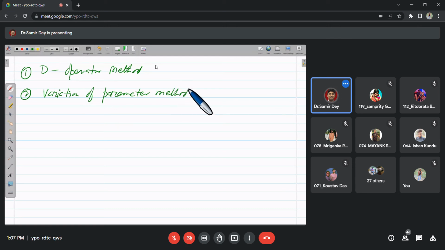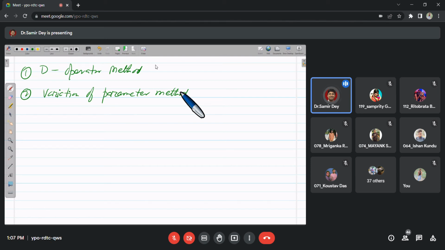Please write down. But D operator is very, very important. If you know D operator, as I have already discussed, 2 to 3 subtopics you can manage directly. So I'll explain line by line.